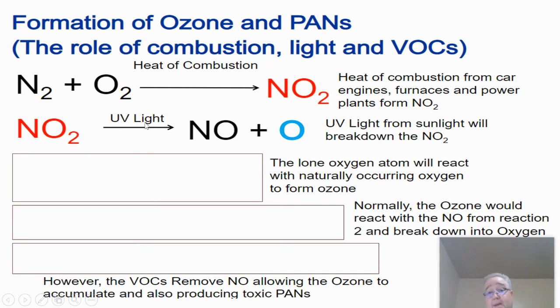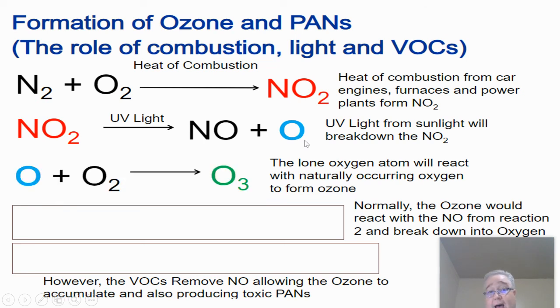And when it does that, it decomposes into 2 things: nitrogen monoxide and also oxygen. Now, that oxygen is free to bond with oxygen gas, which is already in the air, and it can form ozone. So these first 3 reactions are just what normally happens during the day.